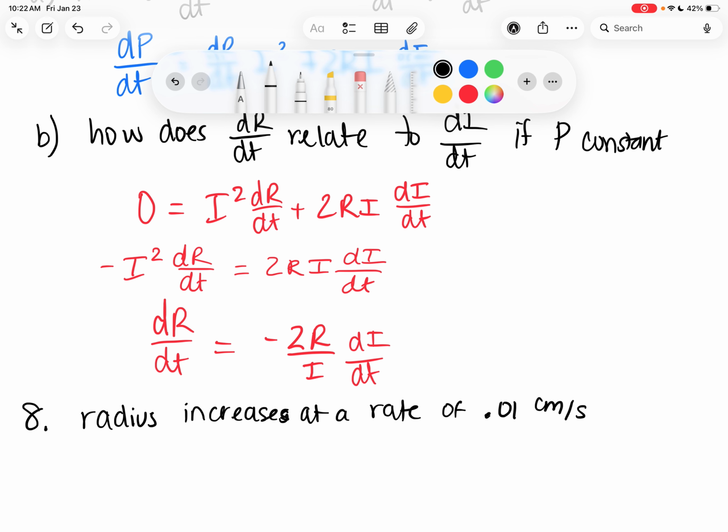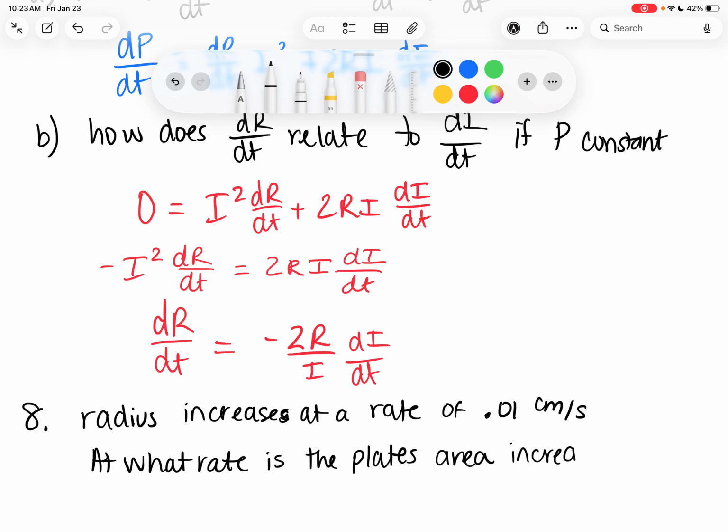At what rate is the plate's area increasing when the radius is 50 centimeters?